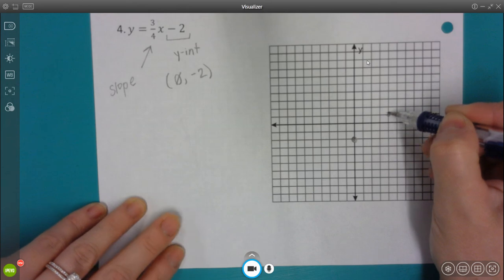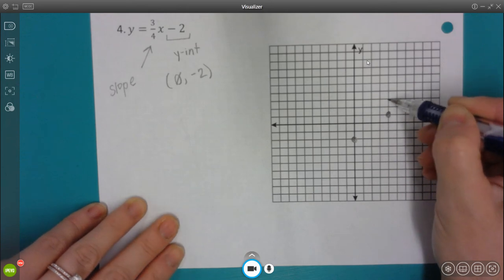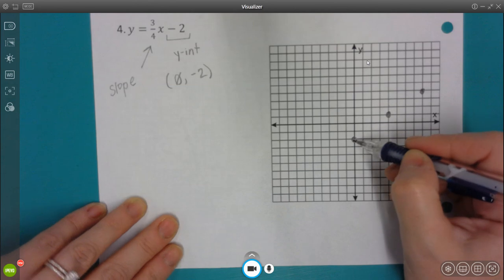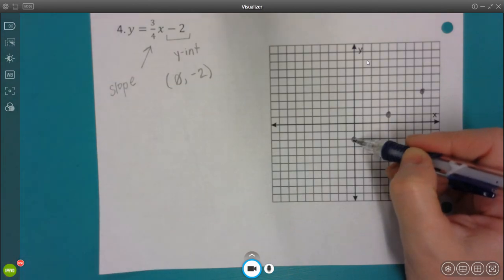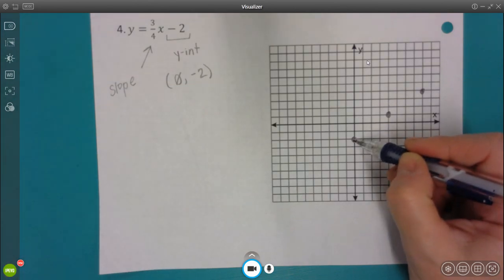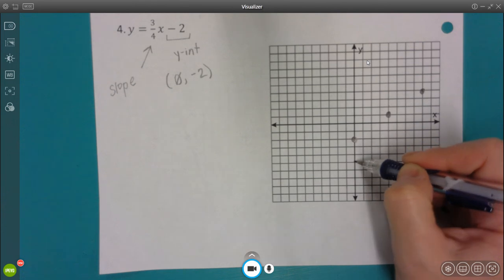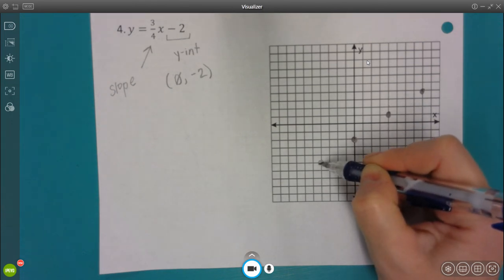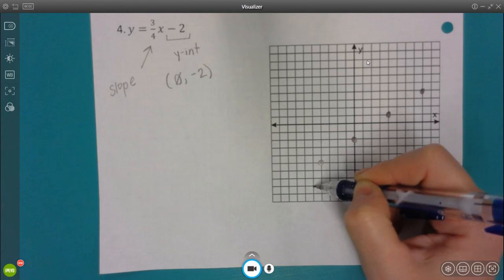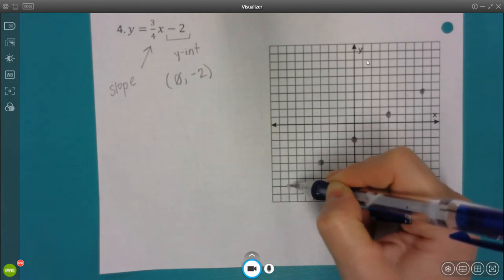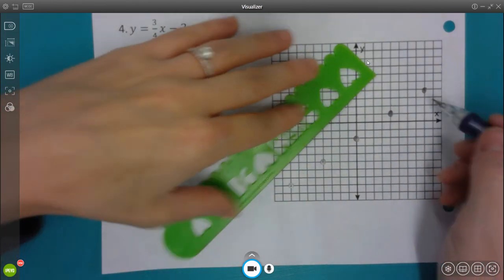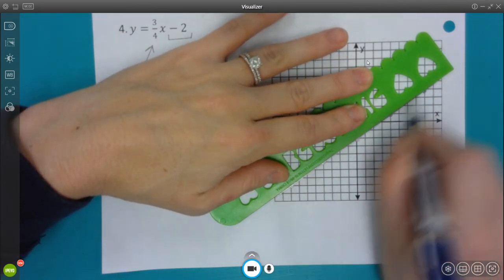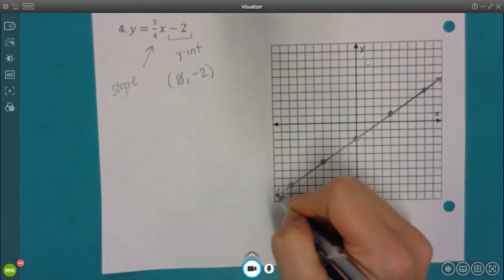There's my next point. And then if I want to go in the other direction, I have to do the opposite. So I'm going to go down 3 and to the left 4. And connect those. And there is my line.